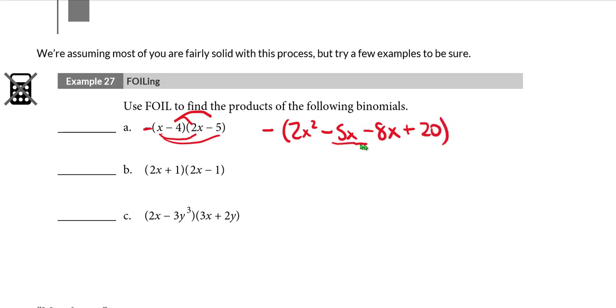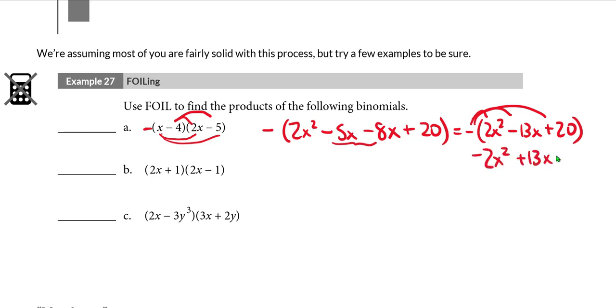Combining those two inner terms, I get 2x squared minus 13x plus 20. And I am going to now distribute that negative to each of these terms. So I get negative 2x squared plus 13x minus 20.